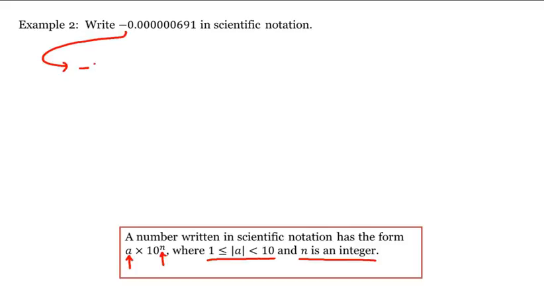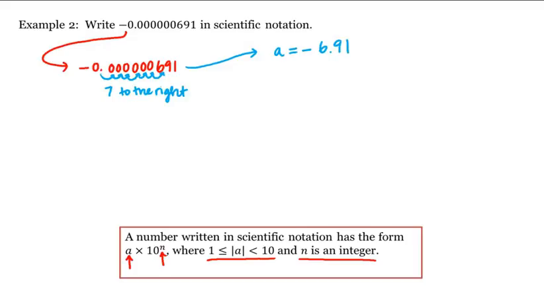So let's look at our number here, negative 0.000000691. In order to find our a, we need to move this decimal point 1, 2, 3, 4, 5, 6, 7 places to the right. Therefore, our a is equal to negative 6.91.